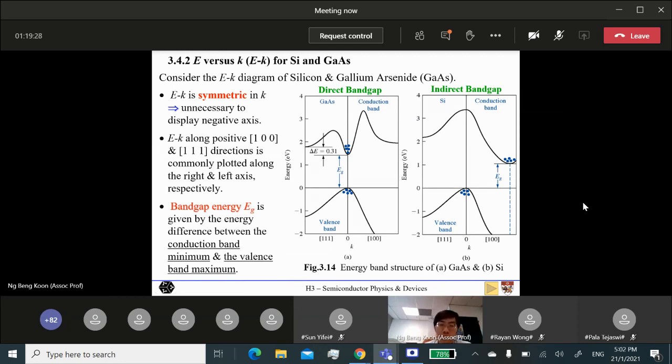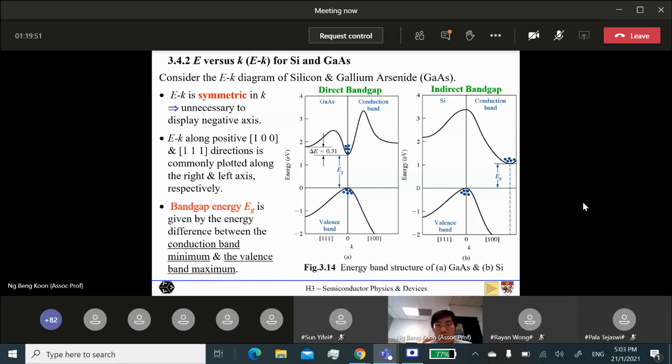For those where the E-k diagram has the minimum point in the conduction band at the same k value as the maximum point in the valence band, if this maximum and minimum are at the same k value, then we call this a direct bandgap semiconductor.